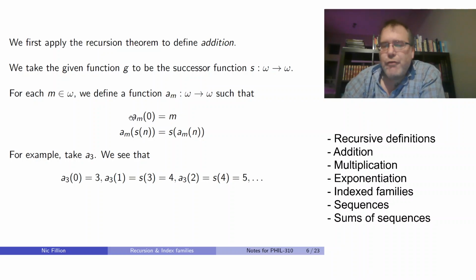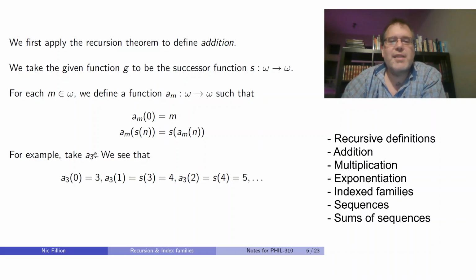So the function a sub m applied to 0 is going to give you m plus 0. And then the sum of m and the successor of n, so the sum of m and n plus 1, is going to be the successor of the sum of m and n. So the successor of the a function applied to n.